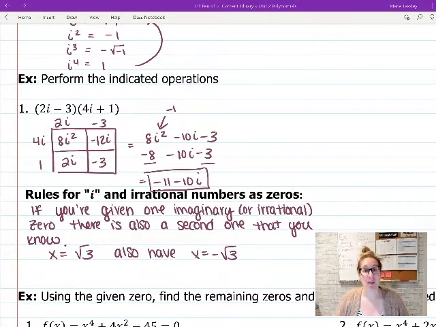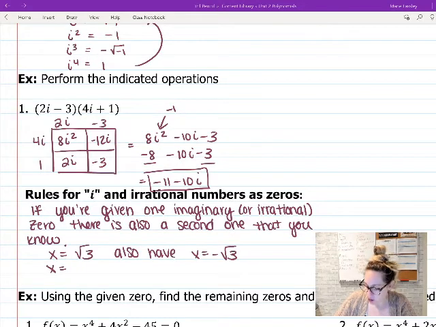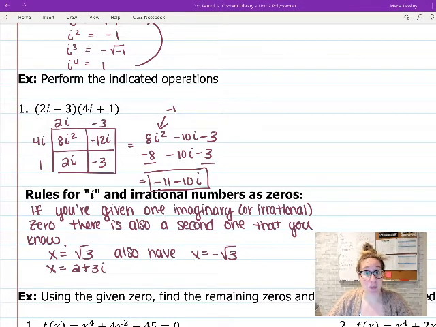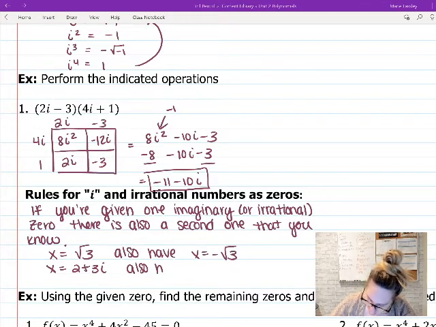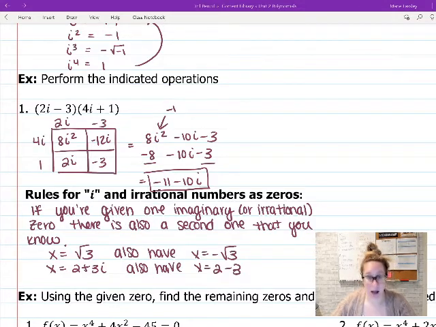All right, same thing goes with i. Say the problem gave you x equals 2 plus 3i. Well, guess what? You also have the negative version of that i, right? So you also have x equals 2 minus 3i, right? Because remember, it was plus or minus some negative square root.